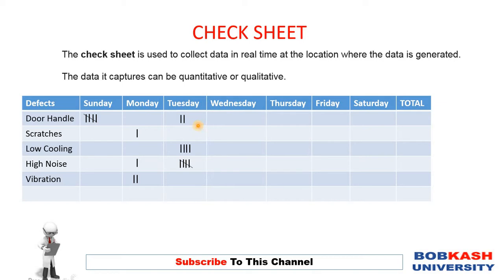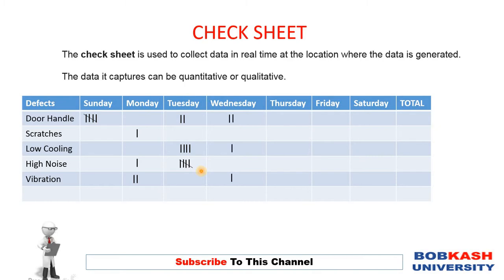Similarly, on Tuesday he finds 2 door handles defective, so he puts 2 lines under Tuesday. He finds 4 refrigerators which are having low cooling, so he puts 4 lines here, and he finds 5 refrigerators with high noise defect, so he puts 5 here, 1, 2, 3, 4, and 1 slanting line representing the 5th defect.